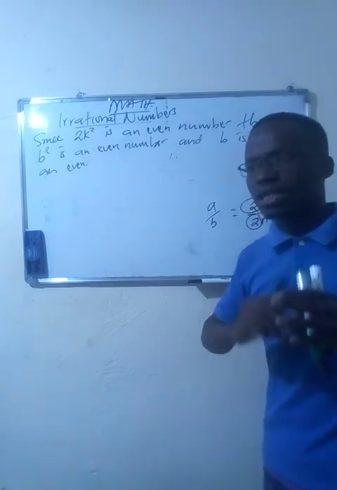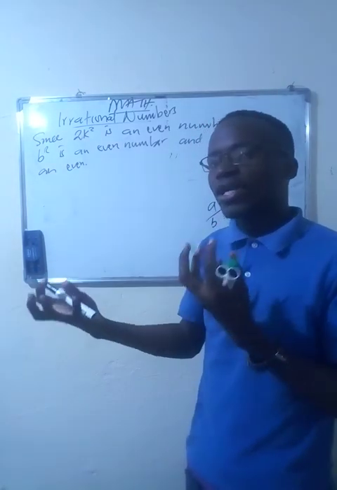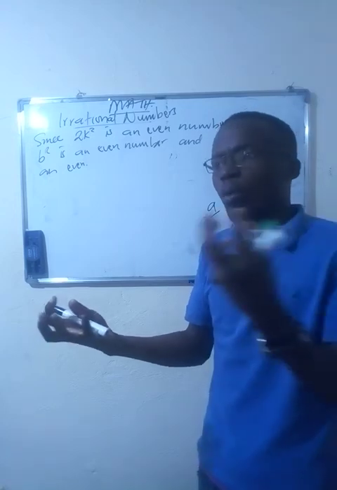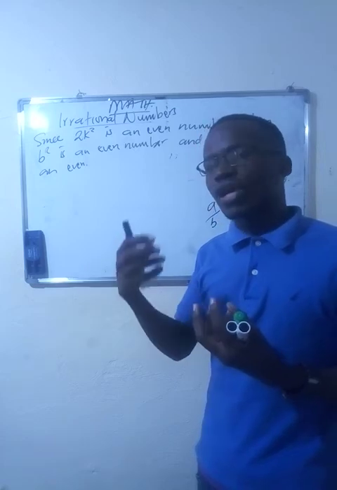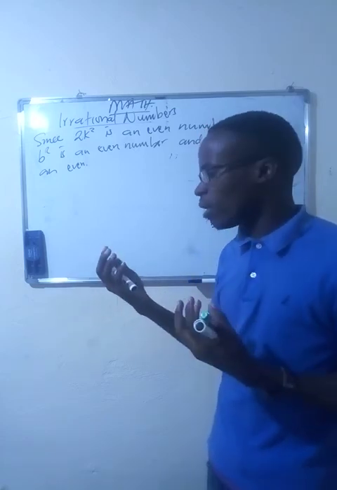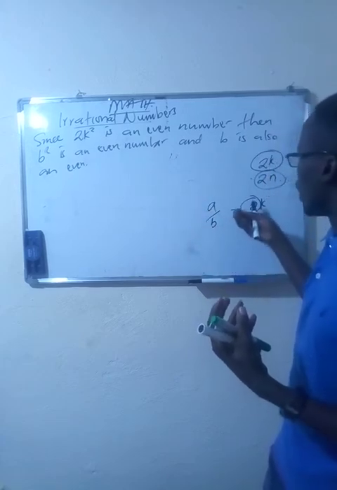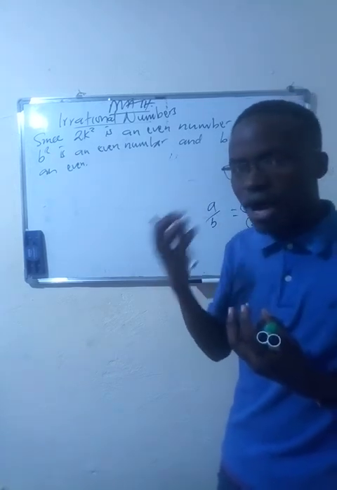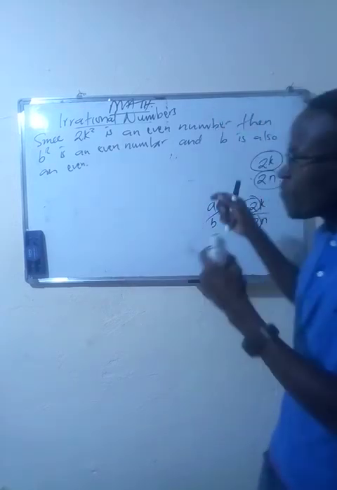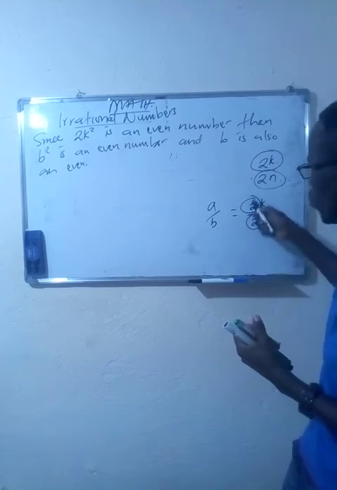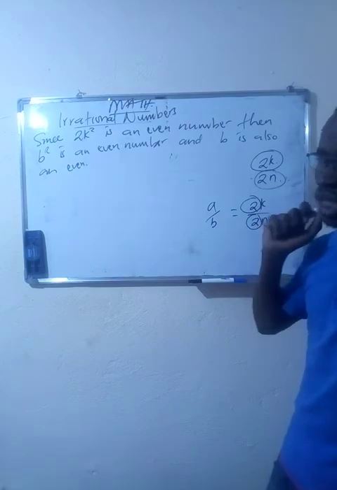Remember, I said that when we are saying contradiction, it means that in the first place, you have this one idea, and then you come up with another idea which is opposing the idea you had at first. So the assumption we had at first was that this number is a rational number written in the form a over b, and a and b have no common factor other than 1. But after working out, we can see that there is this common factor which is 2, right? So this is what is posing the contradiction.